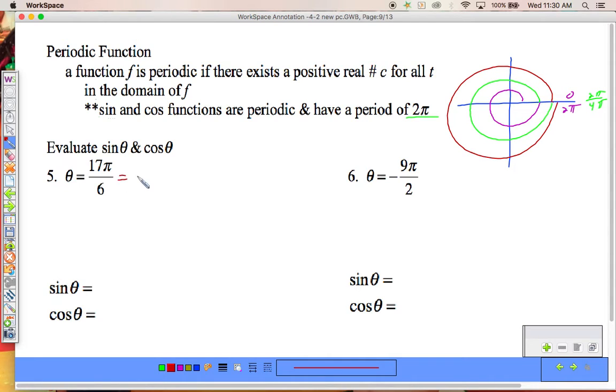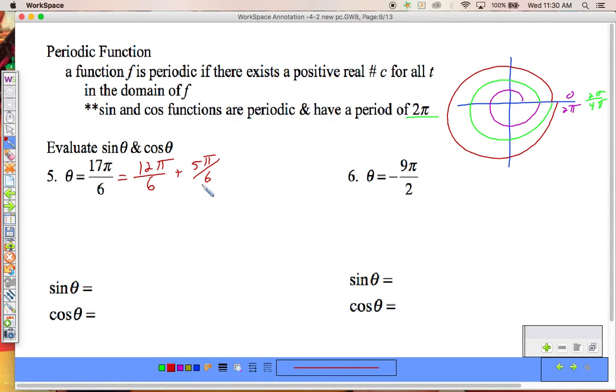So what we can do is pretty much ignore full rotations. So what I'm going to do is take 17 pi over 6, which has a full rotation in it, with 12 pi over 6, which is my 2 pi, and an additional 5 pi over 6.